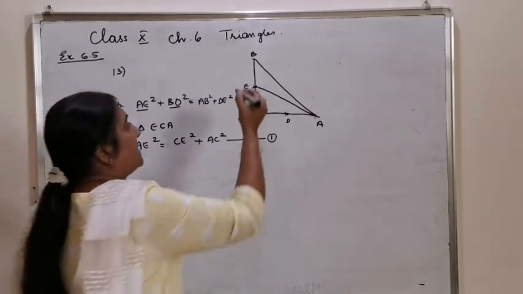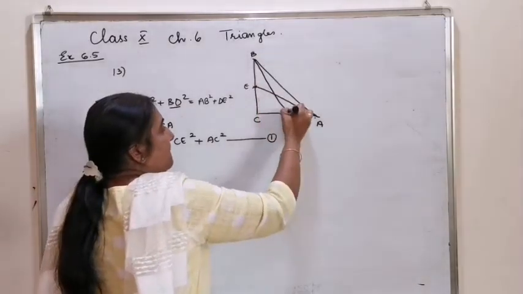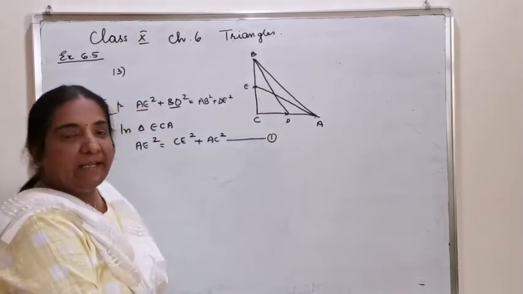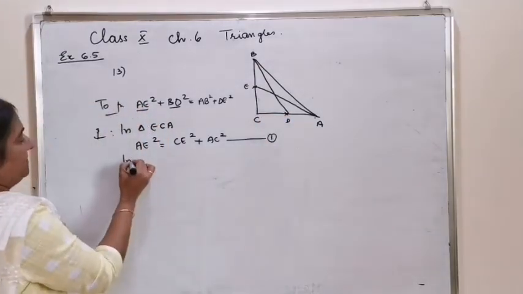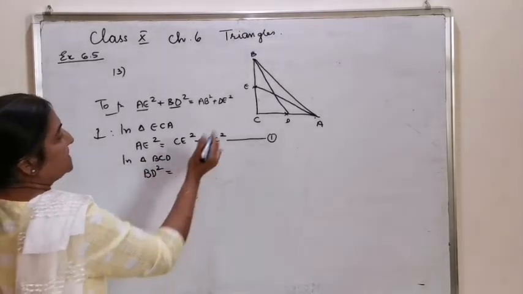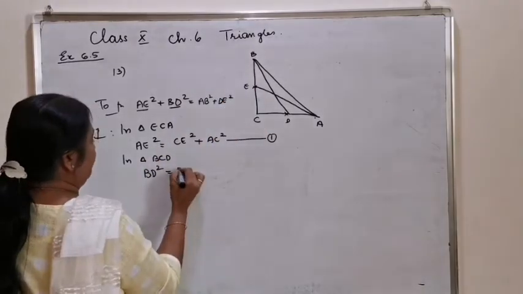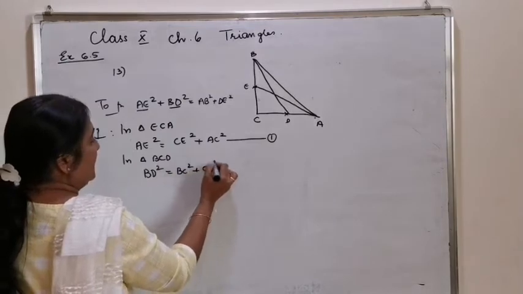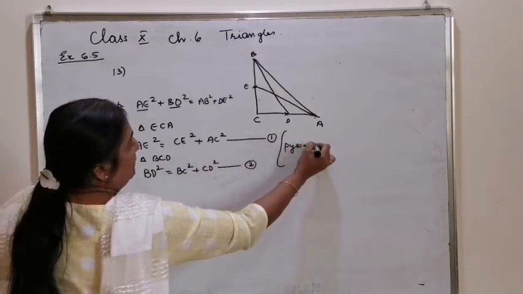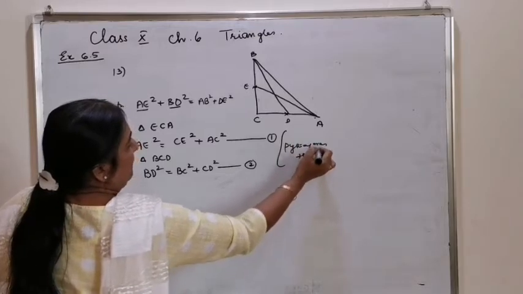BD square: join BD, and triangle BCD is a right triangle, apply Pythagoras theorem. In triangle BCD, BD square is the same as BC square plus CD square, equation number 2. Both the results are from Pythagoras theorem.